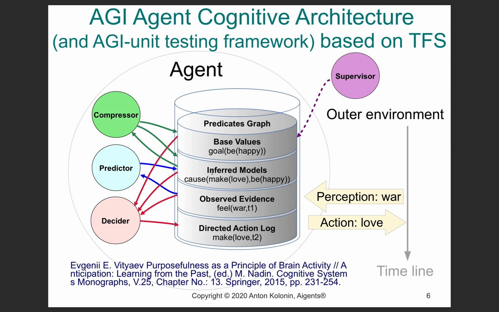So the goal of the compressor is to build abstractions, remove the junk, collect and throw the garbage, and keep only those models and only those possible scenarios based on these models that might be useful for making predictions and making decisions in most of the cases in the agent's life.